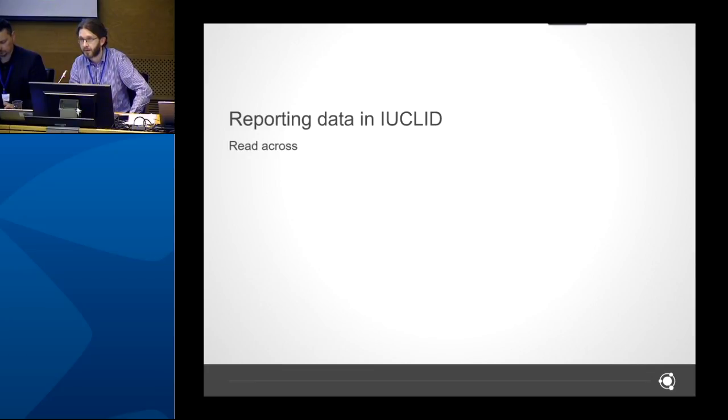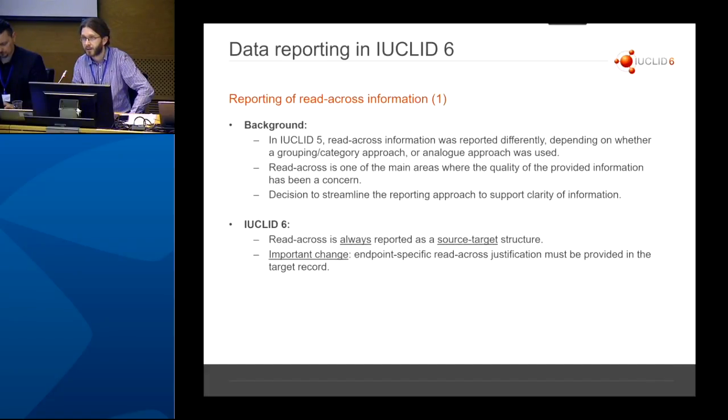It's called read across. And there is a specific way to report that in Euclid. And this way has changed last year. So it was a bit different in Euclid 5 compared to Euclid 6. So I will focus on this Euclid 6 part here, how it is done nowadays.